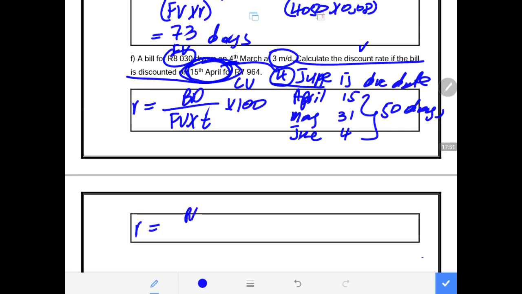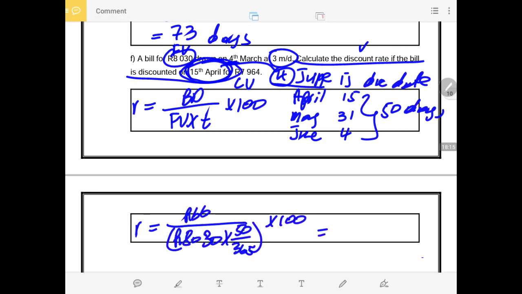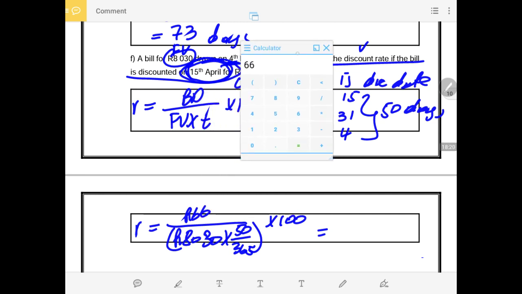Then we have our 66 rand, which we divide by 8,030. Remember, R will cancel R, so your answer will not be in rands. Times by 50 over 365, which is our T. Then the final answer must be multiplied by 100 in order for us to get the rate that was charged, the interest that was charged by the bank by discounting this bill before 50 days expired.